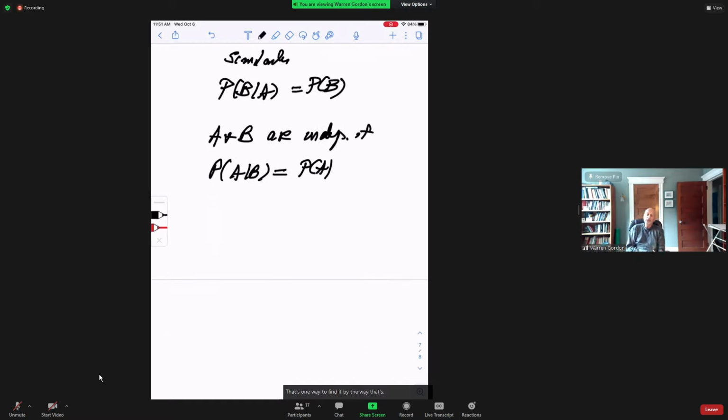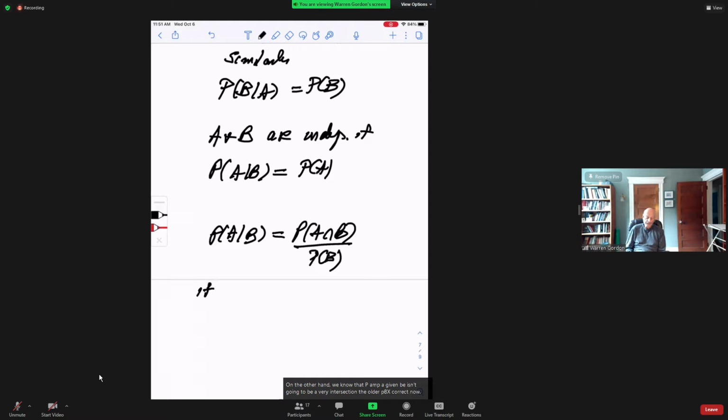That's one way of defining it. And by the way, that's nice, but it doesn't generalize as easily as the next definition. On the other hand, we know that P of A given B is equal to P of A intersection B over P of B, correct?